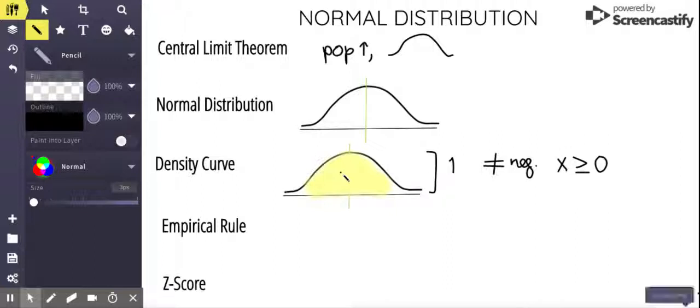So that's going to be our density curve. And now let's go on to the empirical rule, which is that for normal distribution, almost all data falls within these specific distributions.